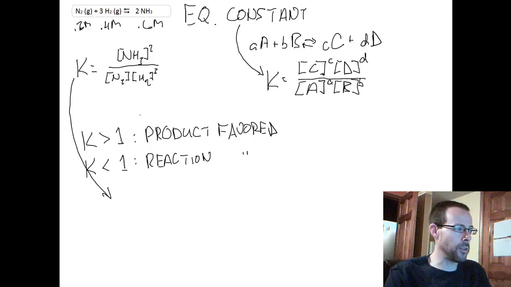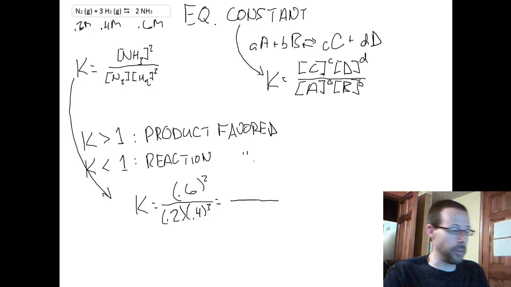We're simply going to substitute our molarities into our equation. So K equals 0.6 squared all over 0.2 times 0.4 cubed.